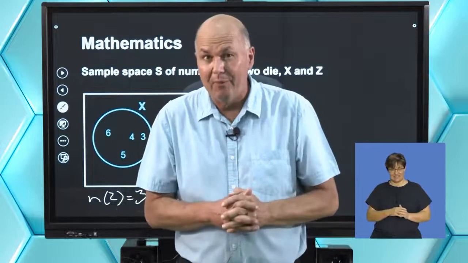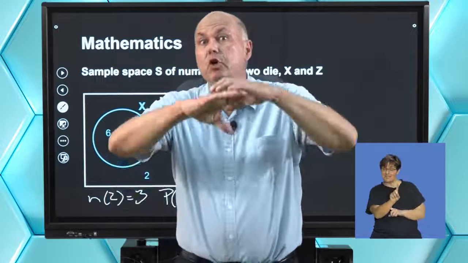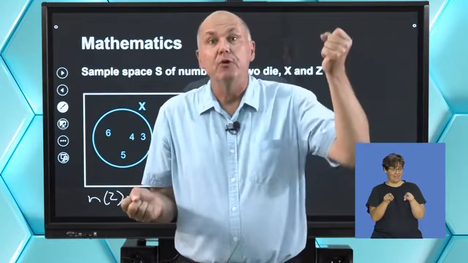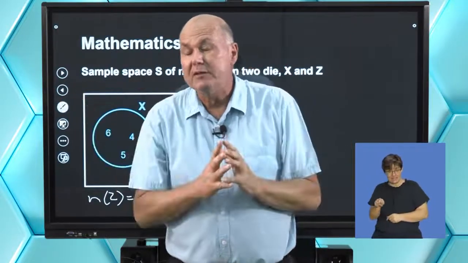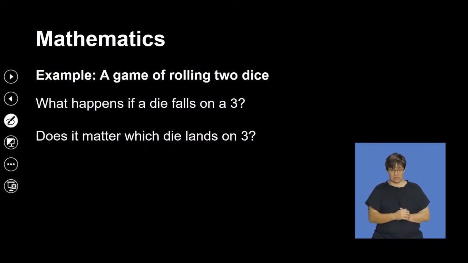Now there's a problem, because if we were to look at the union of those two, in other words, if it was in X or Z, then what's that number going to be? Let's have a look at the question. What happens if a dice falls on 3? Does it matter which die falls on 3? No, it doesn't matter.